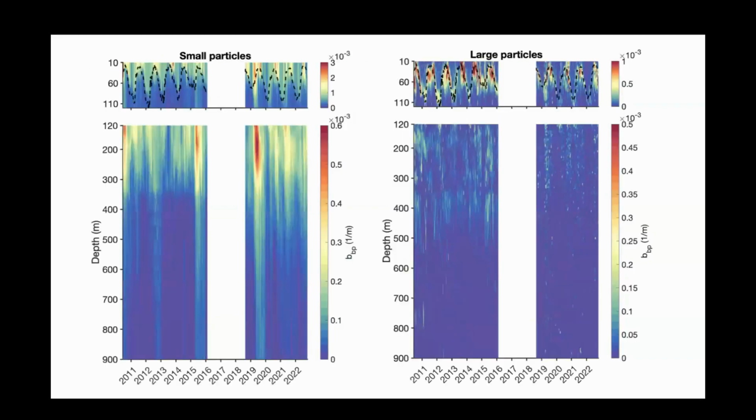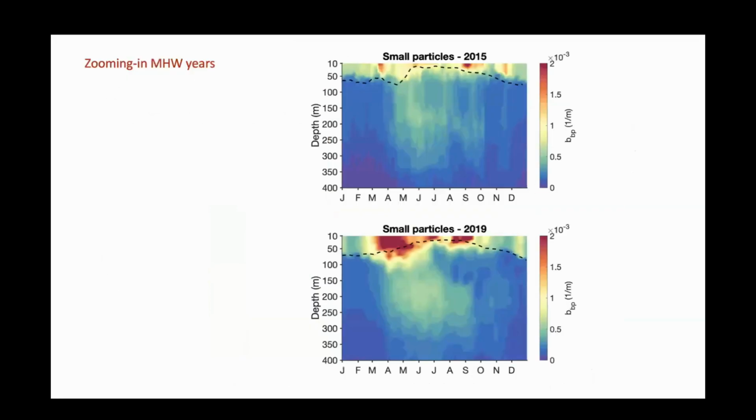And then looking at these big blobs of backscatter or POC, we can expand it over the year to take a look at how POC was produced and propagated in those years. So zooming in on these marine heat wave years, for the first marine heat wave, the biggest impact was in 2015.